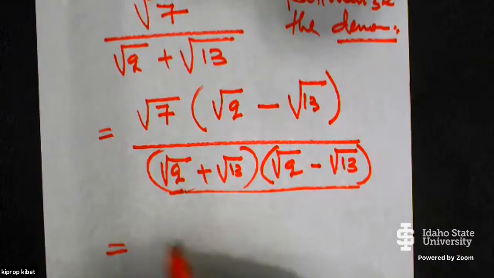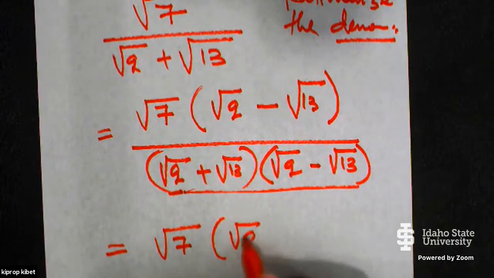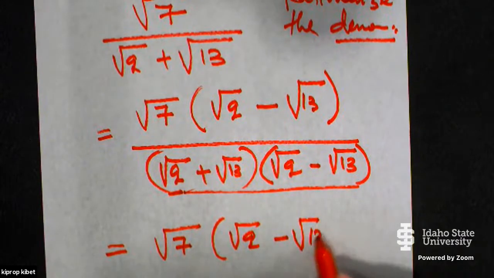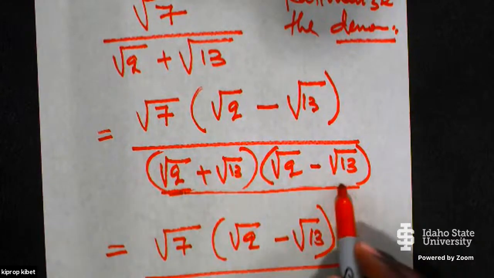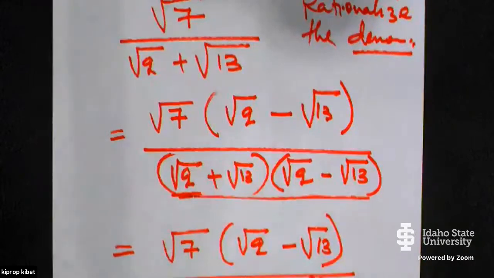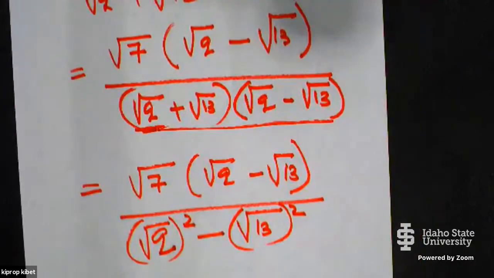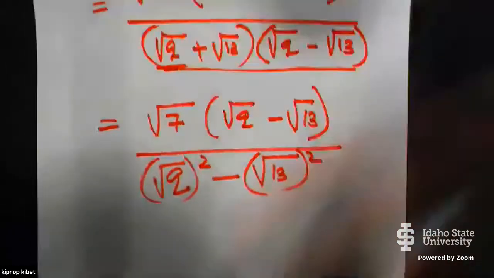So finally, our answer will be all over the difference of two squares, which will be the square root of that squared minus the square root of 13 squared. And our final answer will be what?